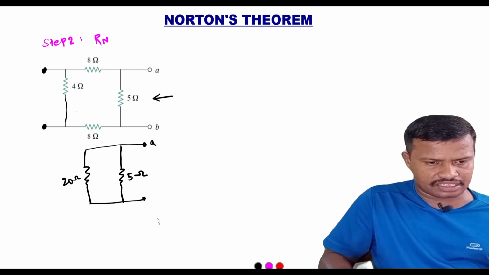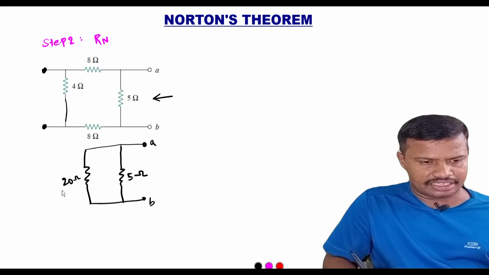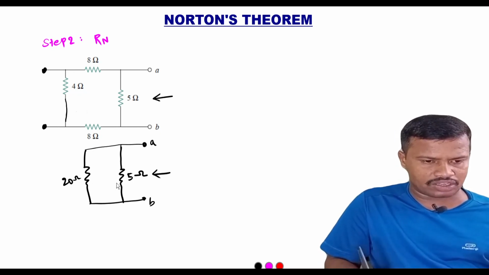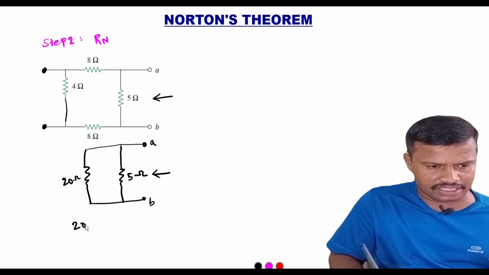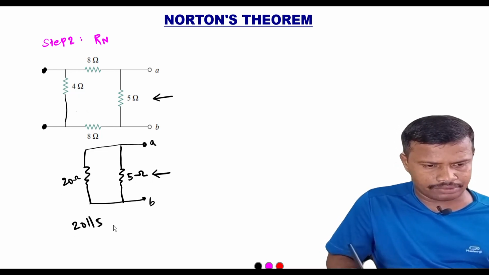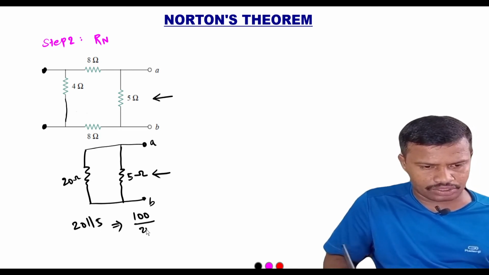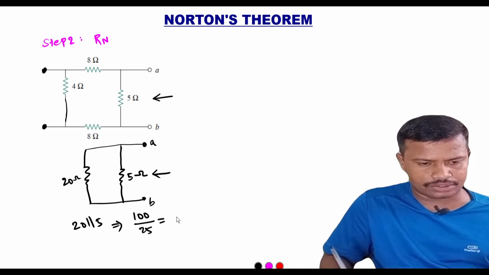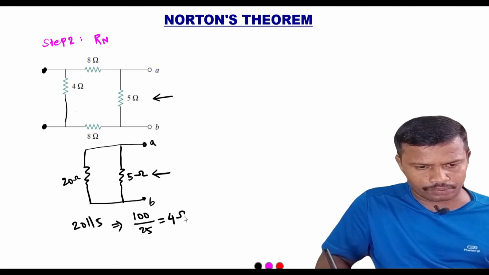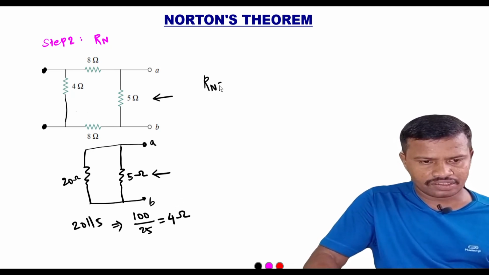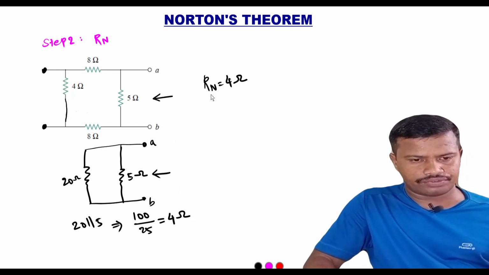Let us say this is terminal A and B, and the equivalent value for this parallel combination is 20 in parallel with 5, which becomes 100 divided by 25, equal to 4 ohm. The value of RN is equal to 4 ohm. Now we have found the value of RN.